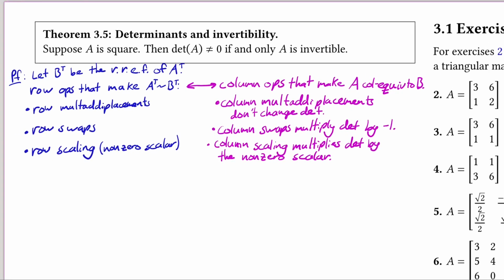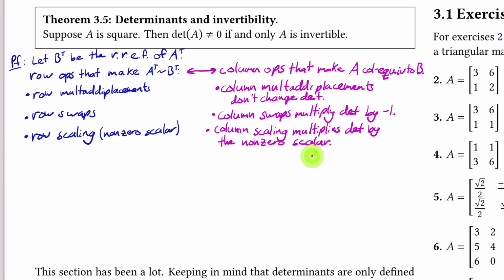Okay, so whatever the column operations are that make A column equivalent to B, where B is the transpose of a row reduced echelon form matrix, these column operations are all multiplying the determinant of A by a non-zero scalar.